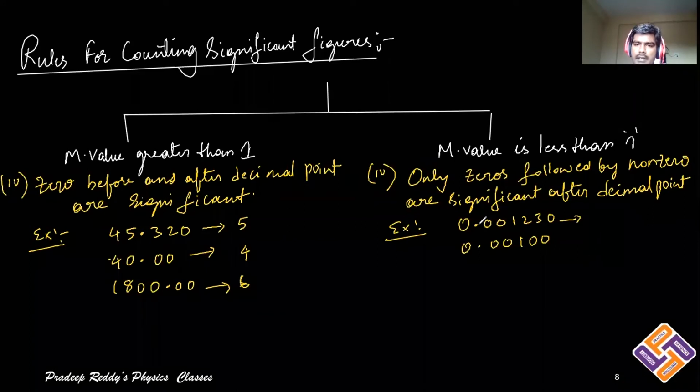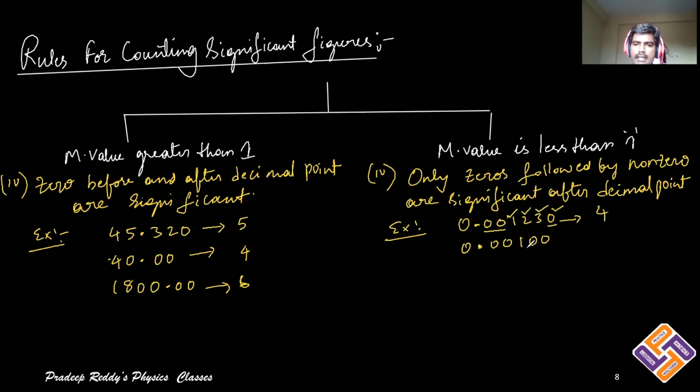And see here, this is the decimal point. After the decimal point, immediately you have 2 zeros. They are not significant because these two zeros are not followed by any non-zero. And this 0 is followed by a non-zero. Therefore, the number of significant figures in this is 1, 2, 3, 4. 4 significant figures.